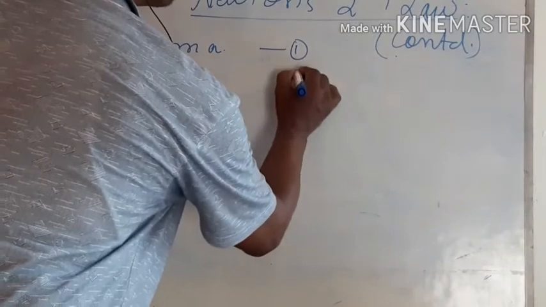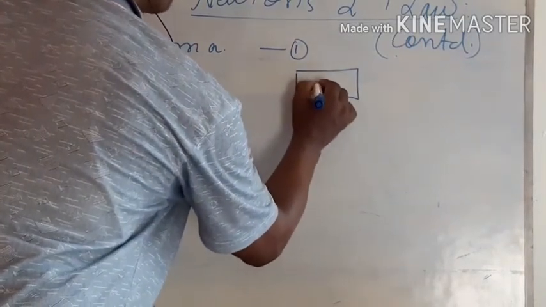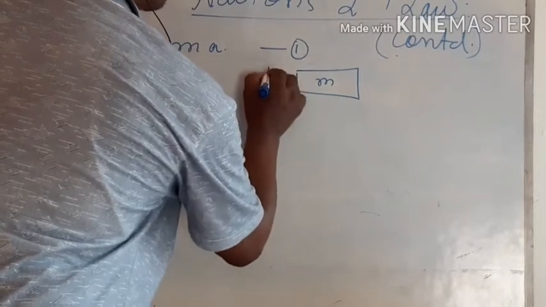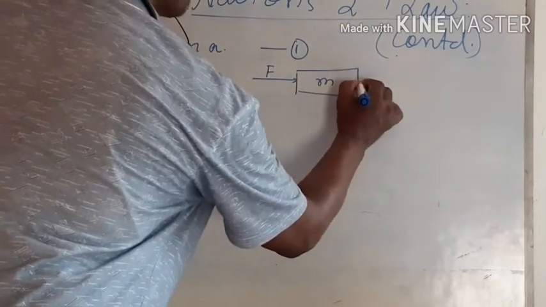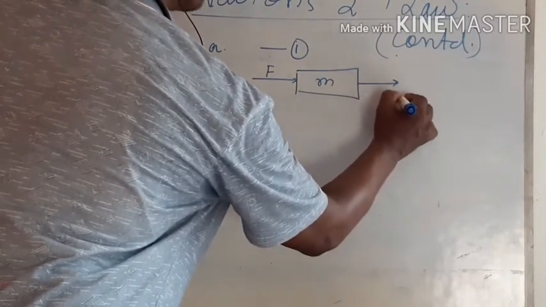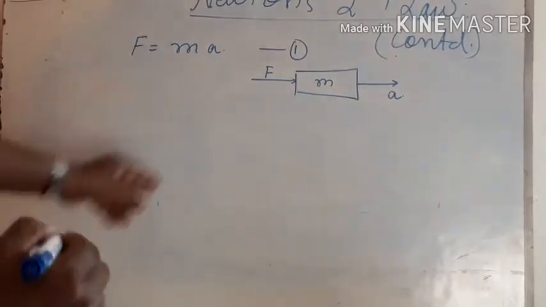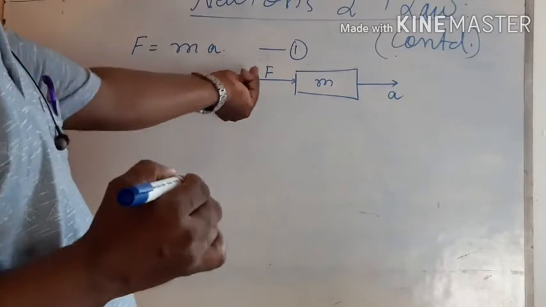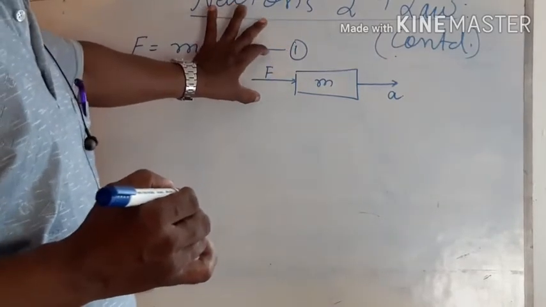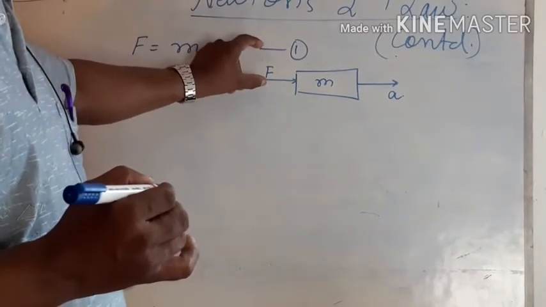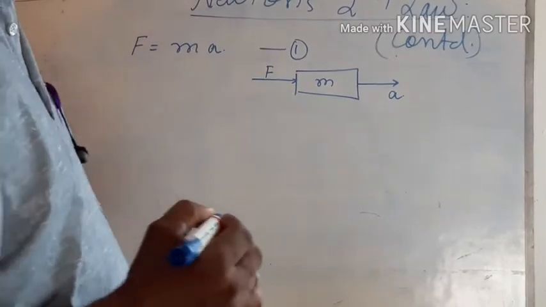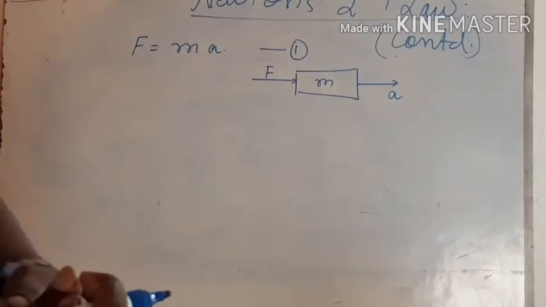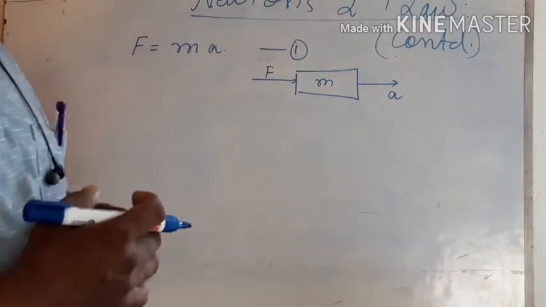And this is the case when a body of mass m is applied with a force F and acceleration A is produced. So if a body of unknown mass m is applied with a force, it will have a certain value of acceleration in the direction of force.